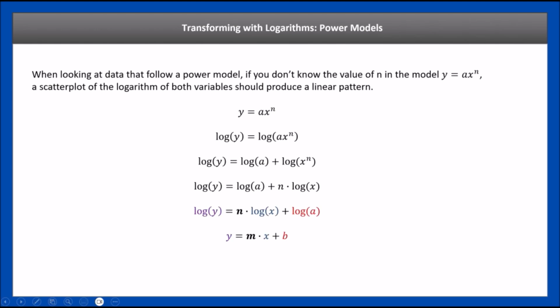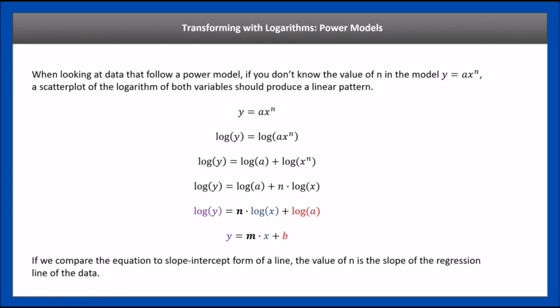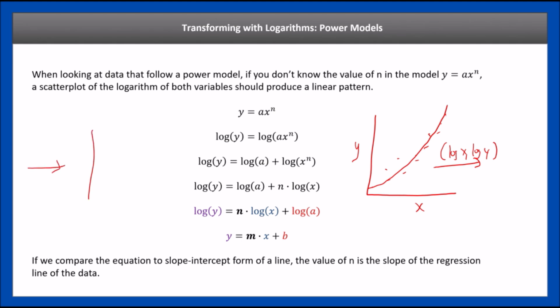Again, I color-coded those for you. If we compare the equation to the slope-intercept form of a line, the value of n is the slope of the regression line of the data. So if, for example, I have a bunch of data and I do the transformation on log of x and y, and let's say we did log of y over log of x and we end up getting something that looks like a straight line.